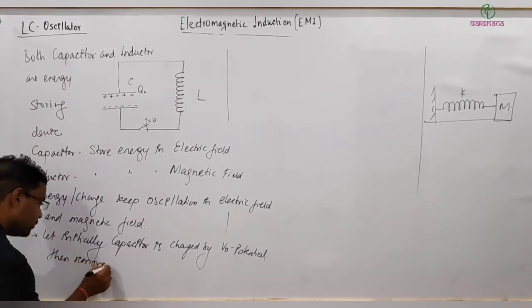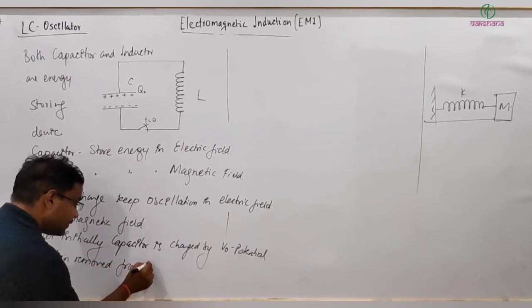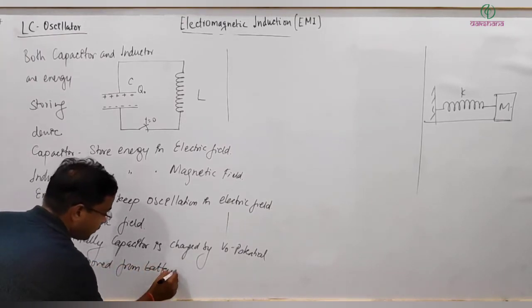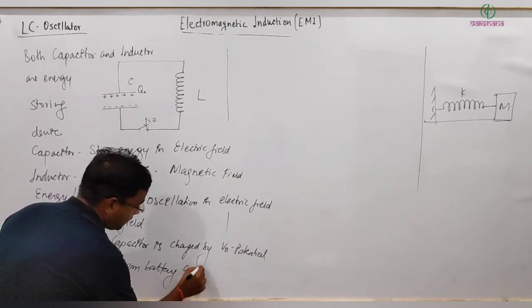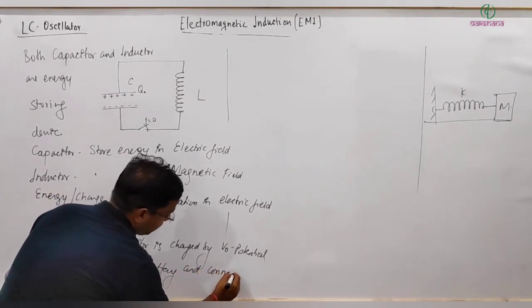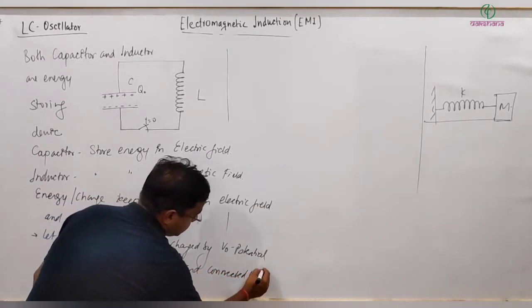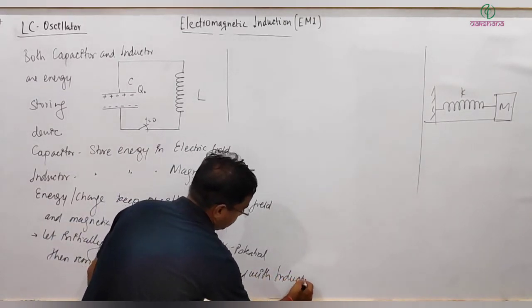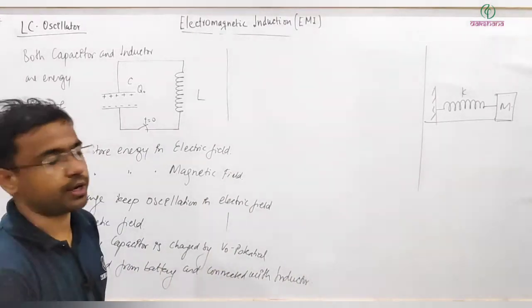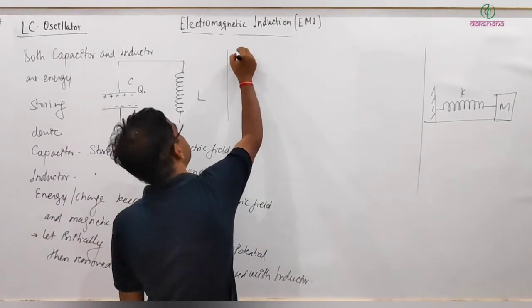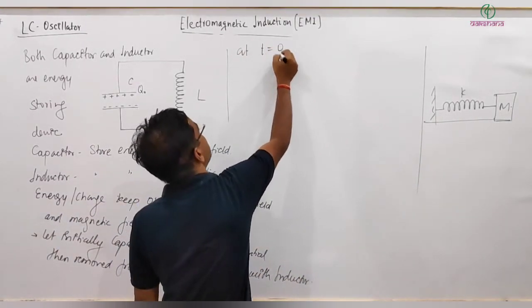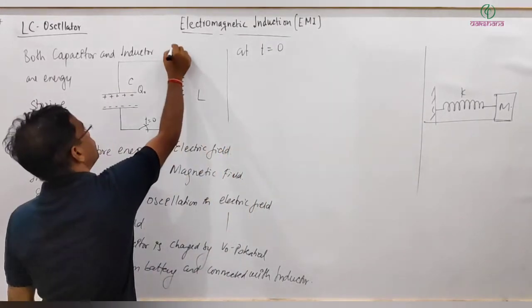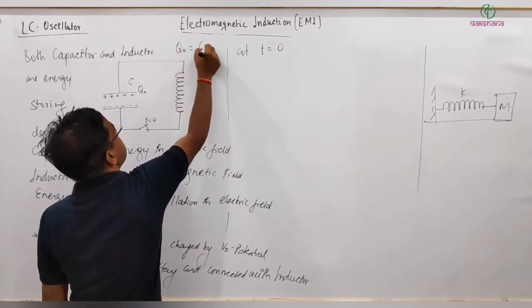Removed from battery and connected with inductor. Inductor is initially having no current. So at t equal to 0, here I can write Q0 is equal to CV0.